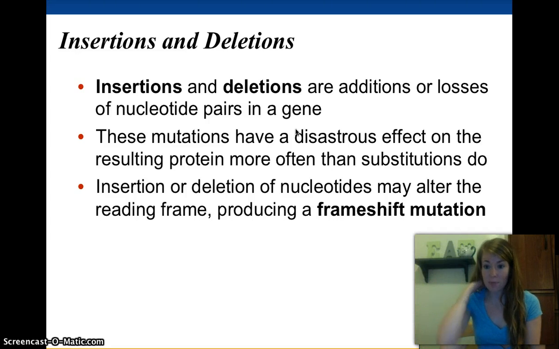And that's going to cause a problem because everything that comes after that is going to be affected. So these ones, our insertions and deletions, generally have a much, much bigger effect on the protein than do our single base pair substitutions. And these are called frame shift mutations because our reading frame, our 3 codons that we read at a time to bring in the amino acids, is off.